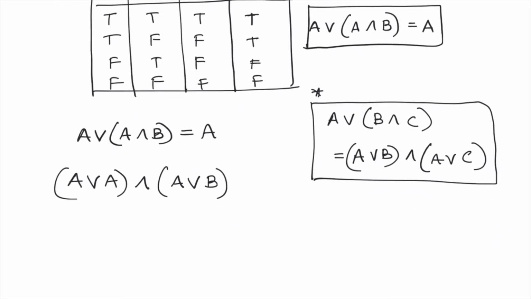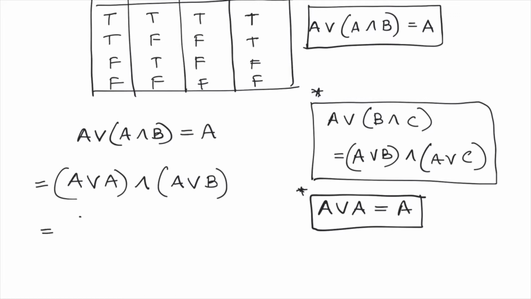Now A or A is equal to A. This is what we call the idempotent law. So our LHS becomes A and (A or B).